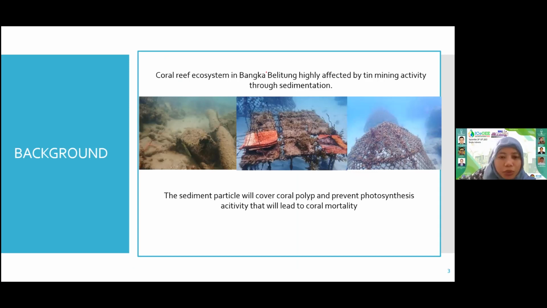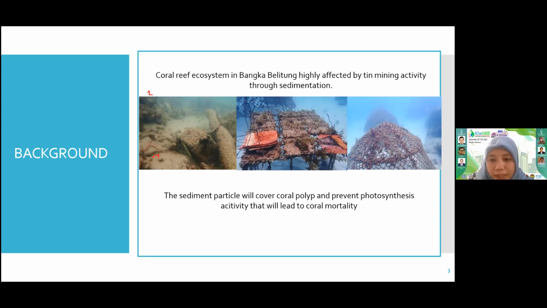The first picture here is an example of the underwater pictures that we took. We can see that some of the artificial reef structure that we sank in the water is already covered by sedimentation and also turf algae.